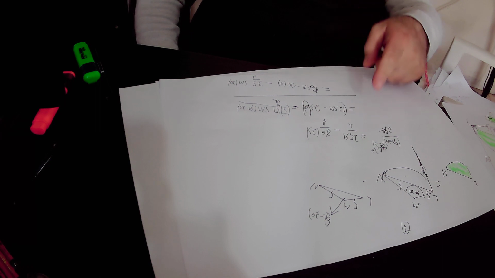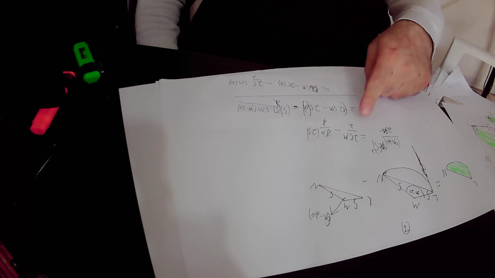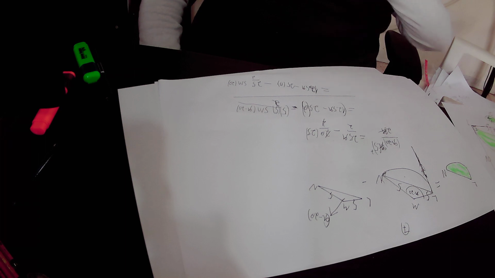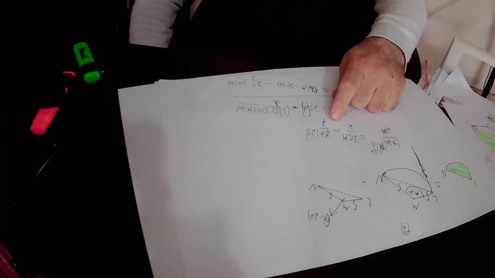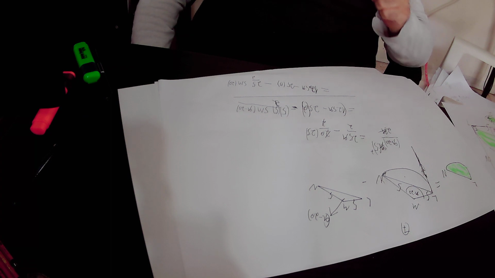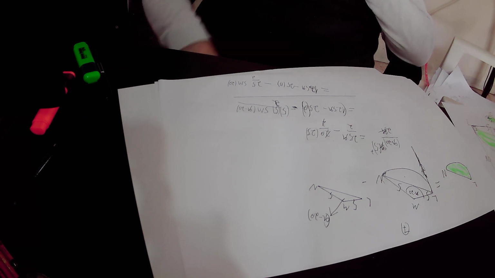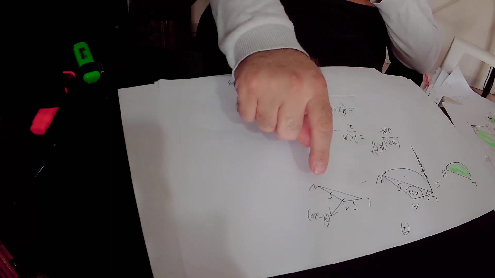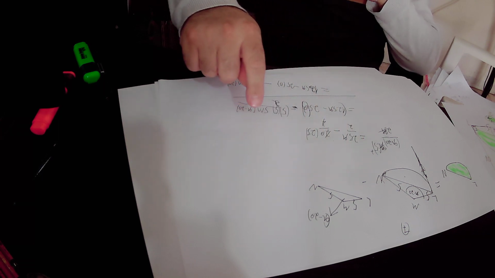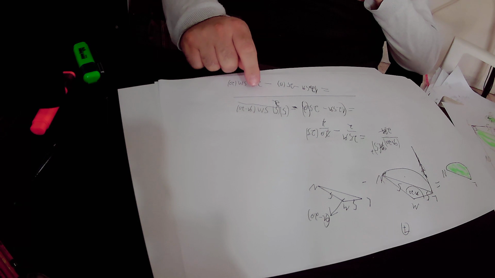So here 25 over 2 is 12.5, so in total this expression equals 12.5 pi. Here we have 2 in the numerator and 2 in the denominator, so 2 gets cancelled. So this expression equals 25 pi minus the area of triangle LMN, that is equal to 5 times 5 times sine of pi minus 2 theta over 2.